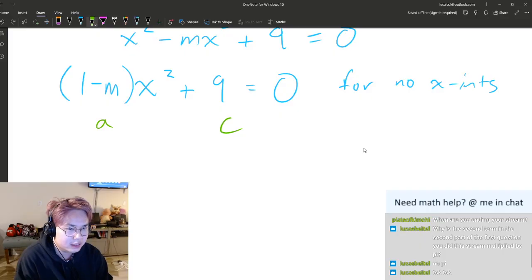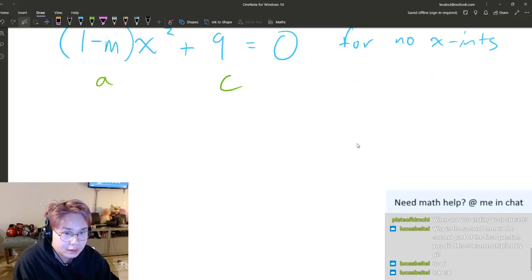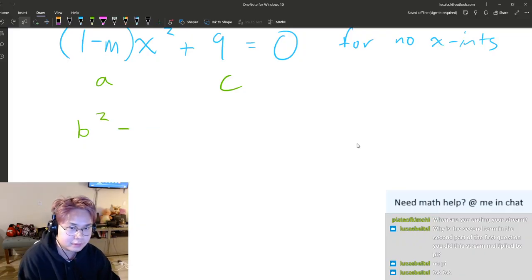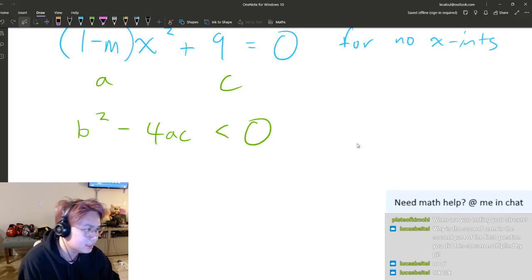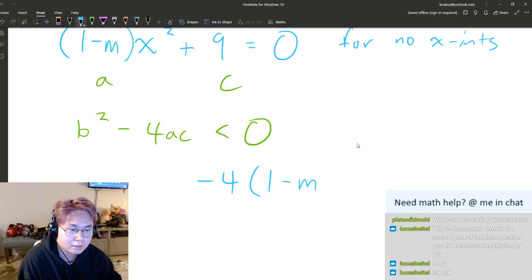Here's our a, here's our c. We don't really have a b value. And then our discriminant is b squared minus 4ac, and we want to find out when this is negative. So minus 4 times 1 minus m times 9 is less than 0.